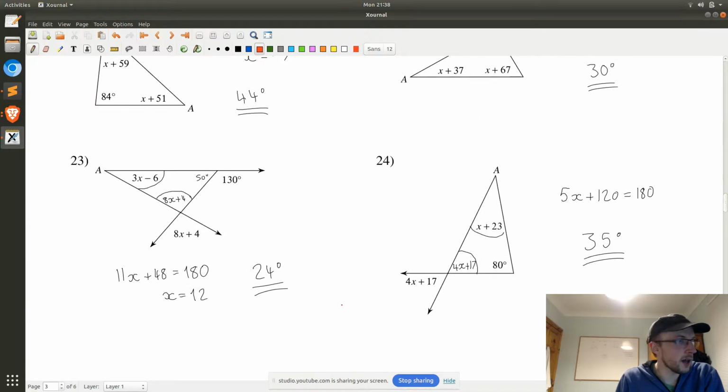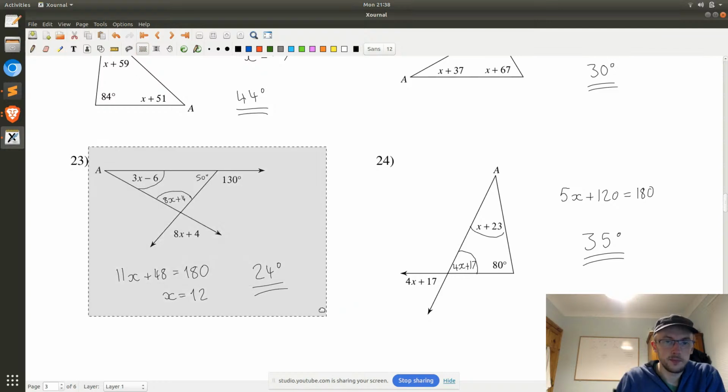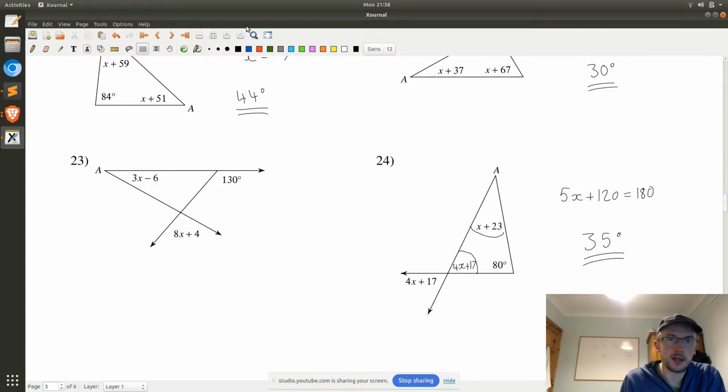And this is another error, so correct it. I hate making errors.